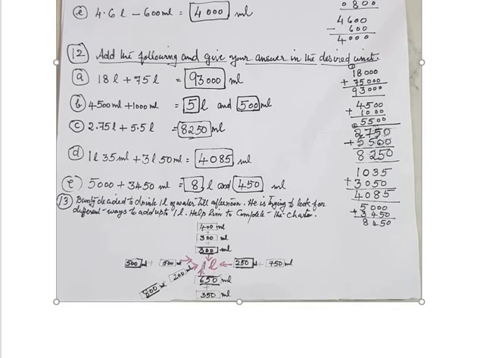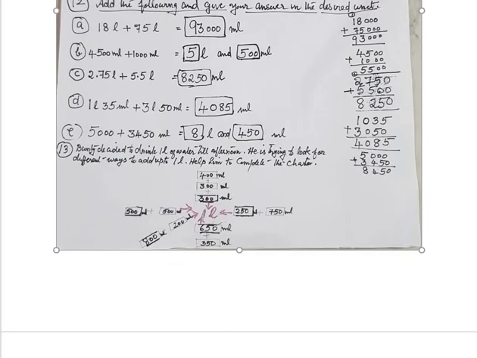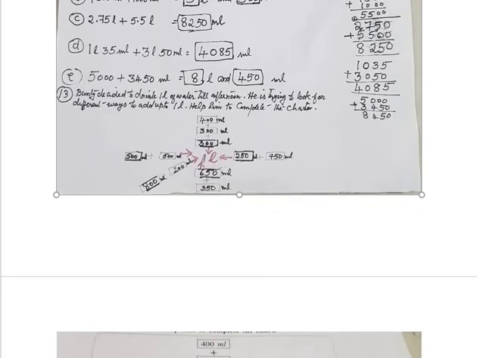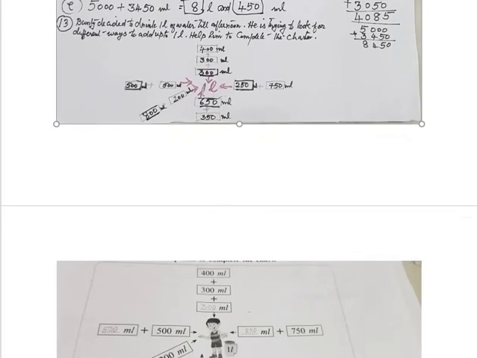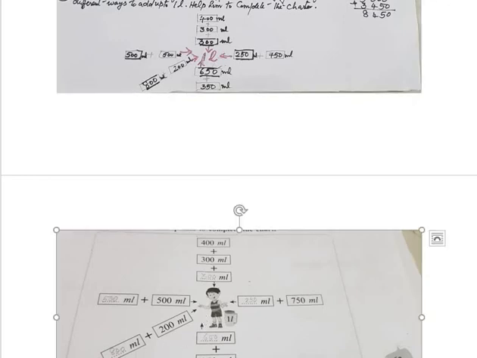So the method is shown in the textbook and some blanks are given, so that blank you have to fill. So here you see, first the boy is Bundy and he is going to drink 1 liter of water. In different ways he is trying, so we have to help him.